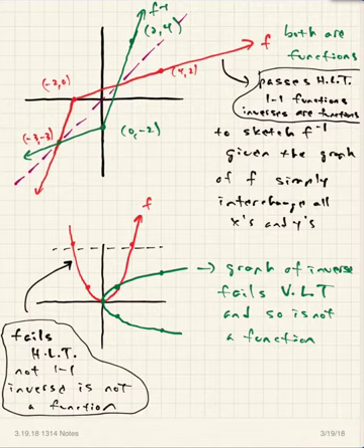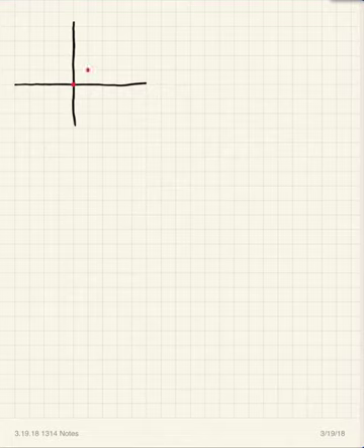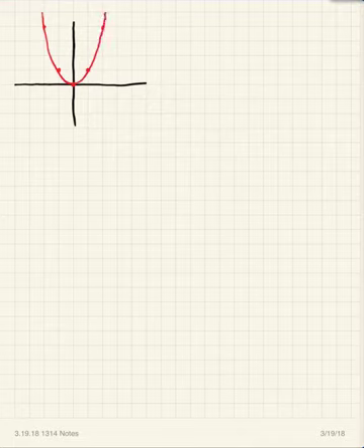Now, what you sometimes will do to a function that's not one-to-one, a function that fails the horizontal line test, is you try to turn it into a one-to-one function by limiting the domain of the function. So this function is not one-to-one.